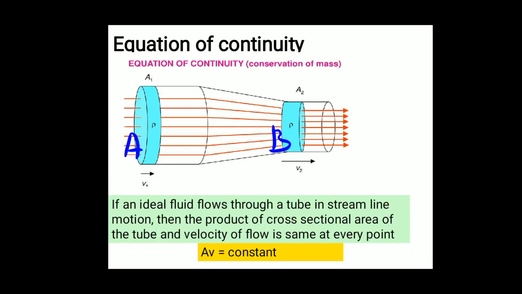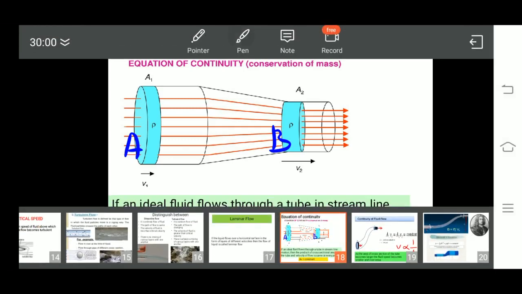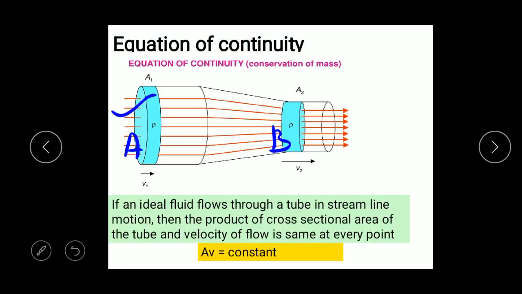So what is A here? It is the cross-sectional area of the tube, and V is the velocity of flow of fluid. Now let us consider a fluid which is flowing in a tube of different cross-sectional area. At point A, the cross-sectional area of the tube is A1, and at point B, the cross-sectional area of the tube is A2.